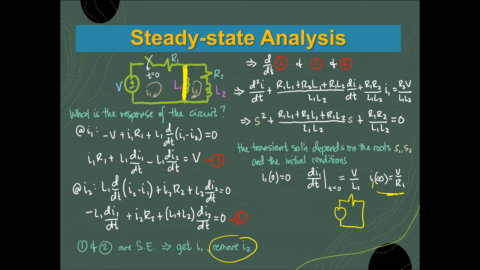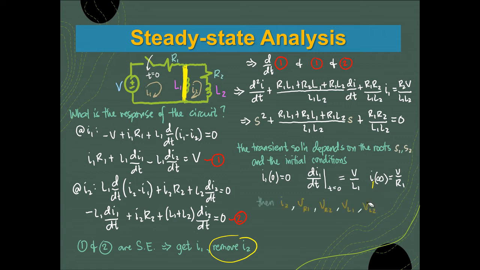If the inductor is fully charged, it becomes shorted, meaning there's no inductance anymore, the storage is already full. Therefore your I is equal to V over R1. Just as a capacitor becomes open, the inductor becomes a short at time equal to infinity.